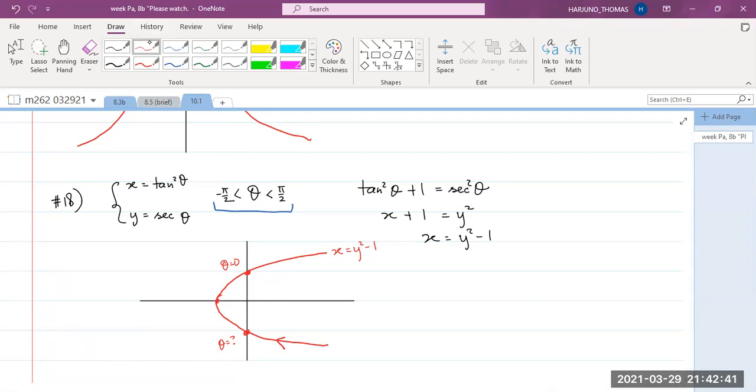Let's find maybe this one here then. Can you find what theta will be here? What is the theta such that x equals negative 1 when y equals 0? Never happens, huh? Cannot happen, right?